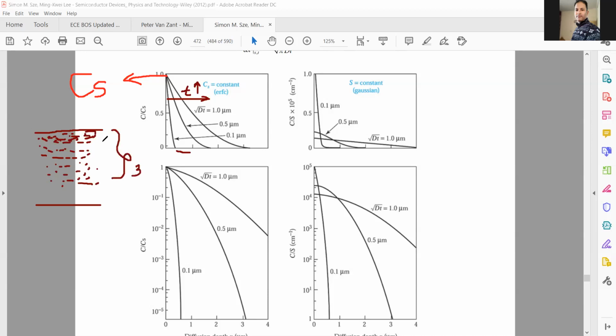And this much you may have for the second curve, and this much was for only one. So you have curve number 1, curve number 2, curve number 3. This way your dopants will be distributing inside the silicon, and at the top you have this phosphorosilica glass.